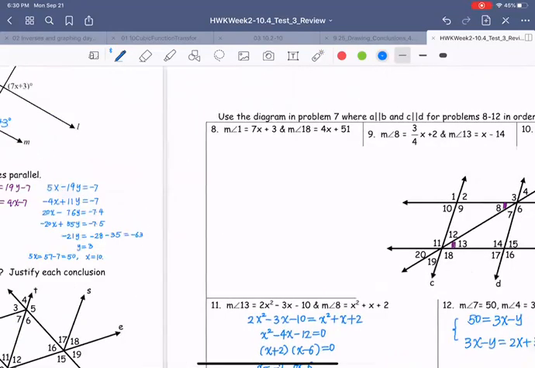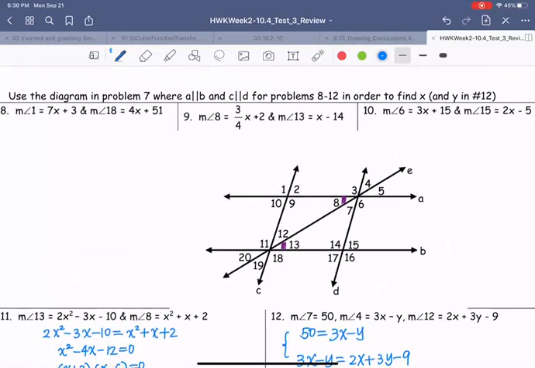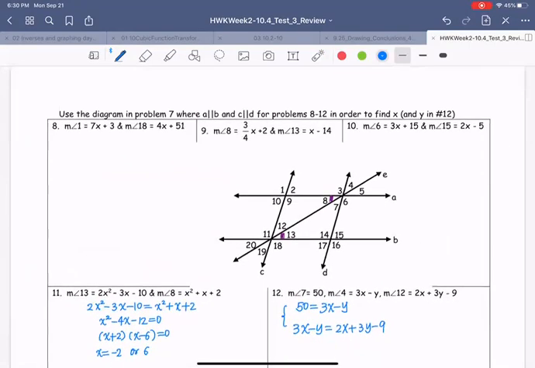Let's do this. We will combine algebra and geometry knowledge together. They said using the diagram in 7. So I put this graph over here. Let's see, number 8. Look at this.